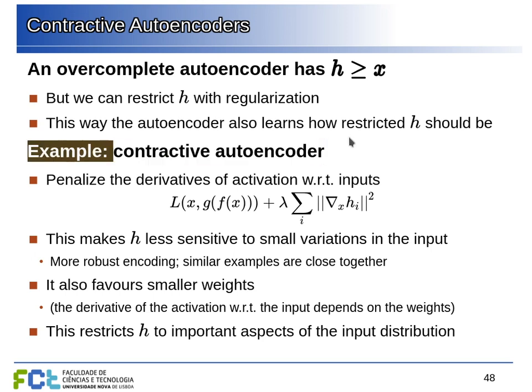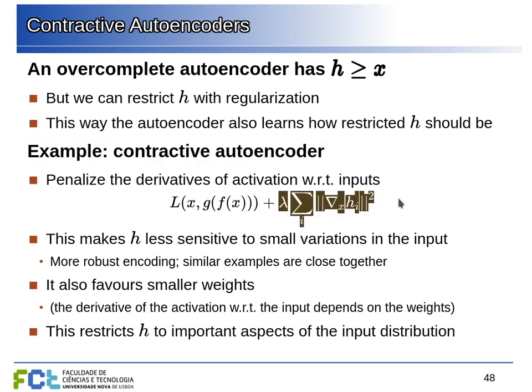For example, a contractive autoencoder also imposes a term in the loss function that is a penalty that depends on the gradient, or the derivatives, of the activation of the neurons with respect to the values of the input.